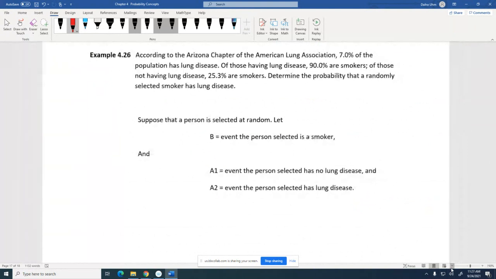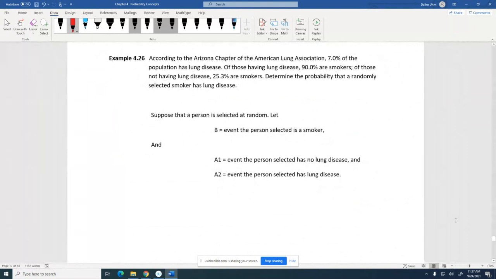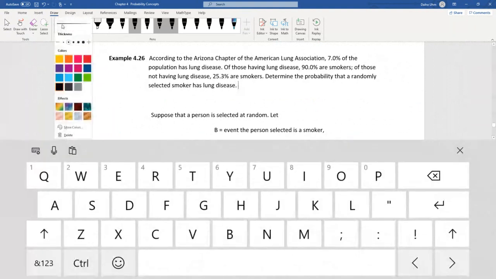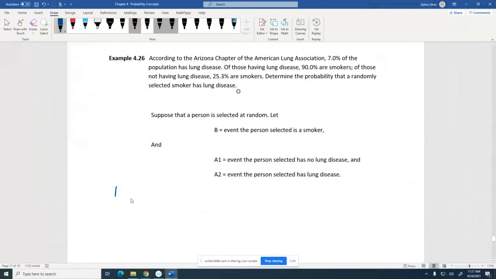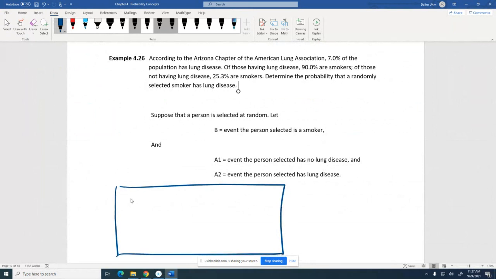First of all, we have to make the Venn diagram. How many partitions? I mean, how many A's? What is the K? Mutually exclusive and exhaustive. How many? I just give you the A1 and A2 here.